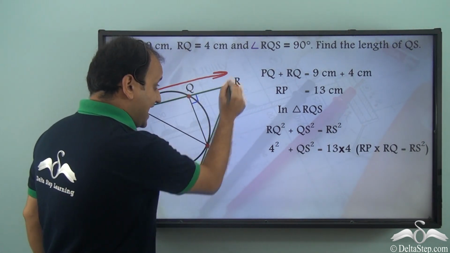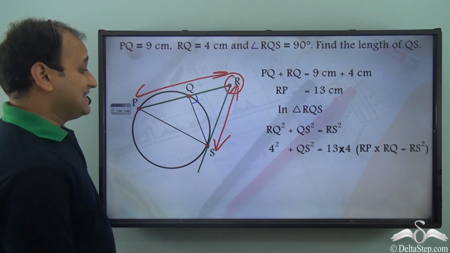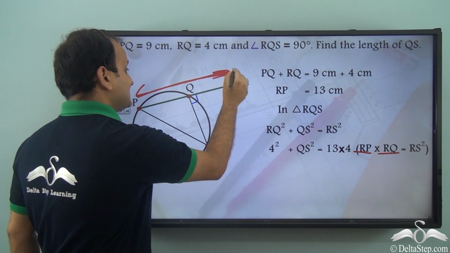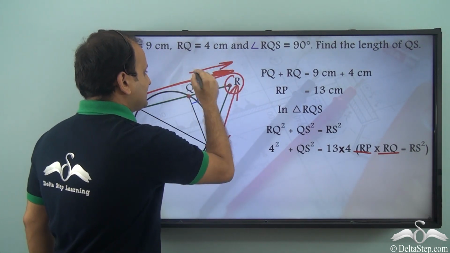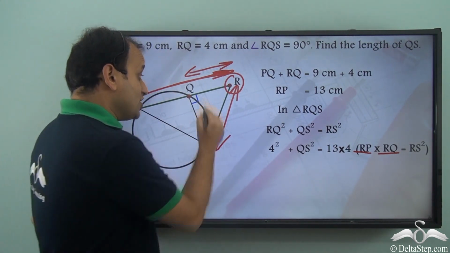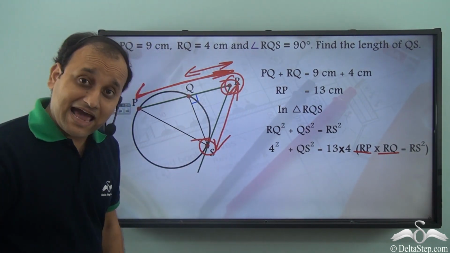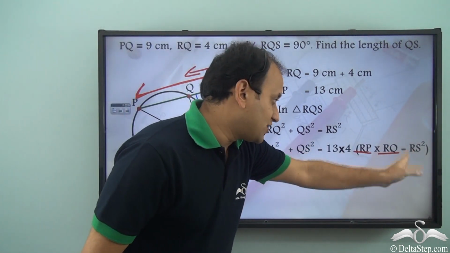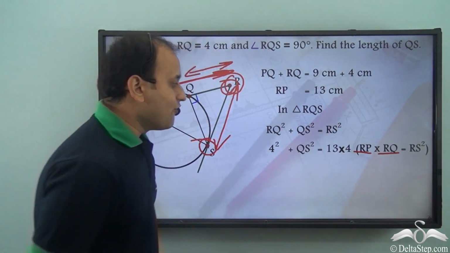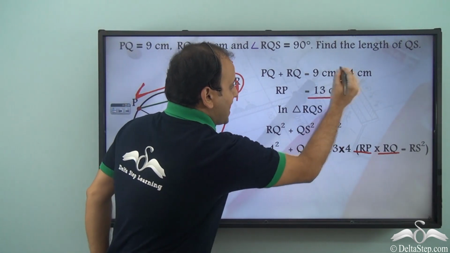Now, the secant and the tangent meet at this point R. So, from the theorem, we know that RP into RQ, RP, this length, into RQ, this length, if we multiply them, then the product will be equal to square of the length from the point of intersection to the point of contact of the tangent. So, RP into RQ will be RS square. So, 13 into 4. We can write RS square as RP into RQ, and we already have the values of RP and RQ.